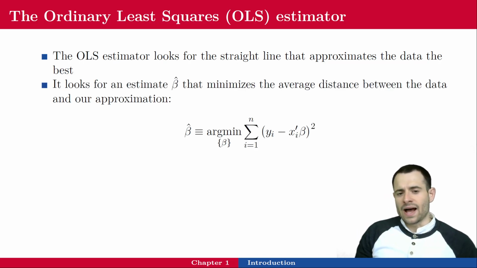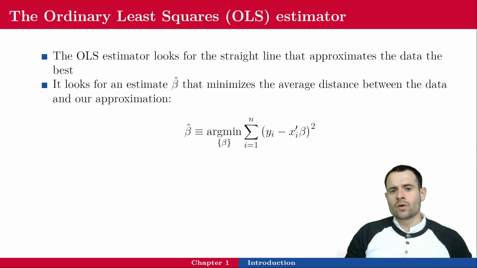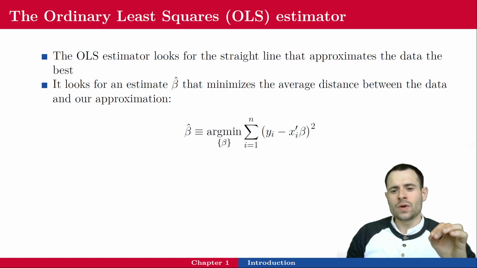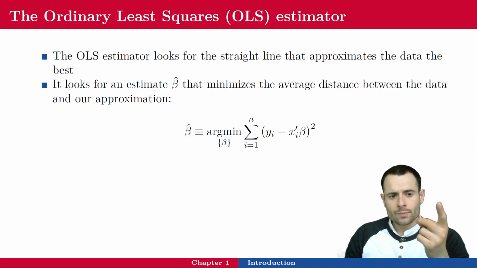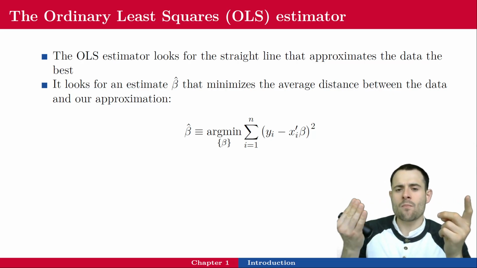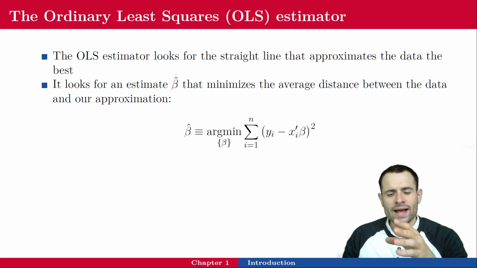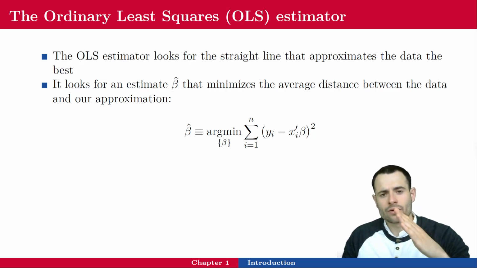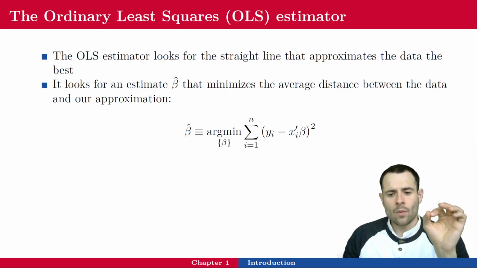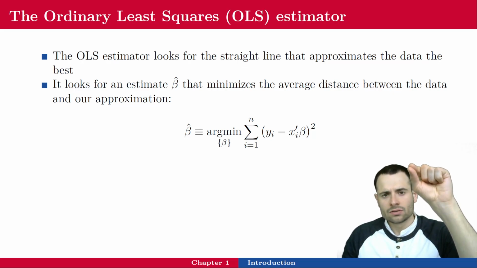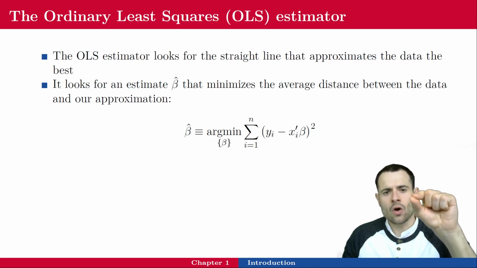So the estimate beta hat, in order for its line to be well located, is going to minimize the average distance between what we observe and the approximation we're making out of it. So I observe yi, and I want to use my x's to make a prediction, a linear prediction. So I want to minimize the distance between the points on the scatter plot and the corresponding prediction on my straight line.